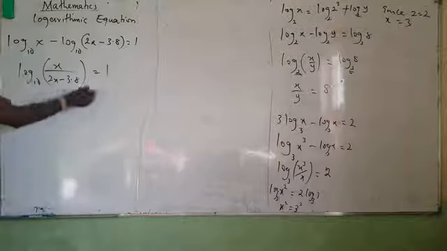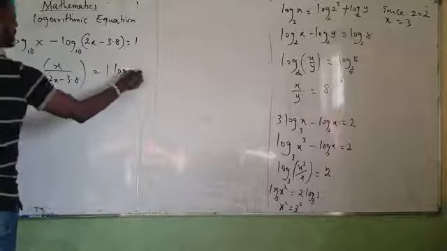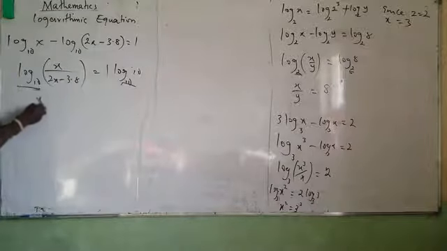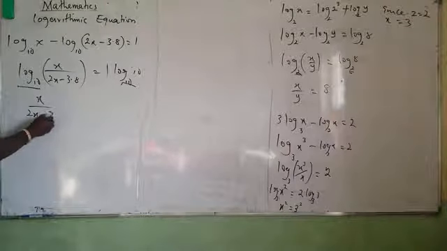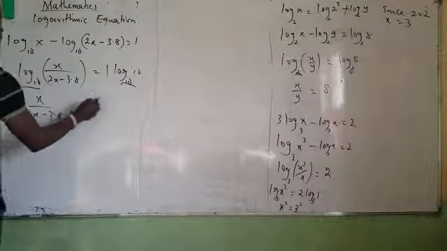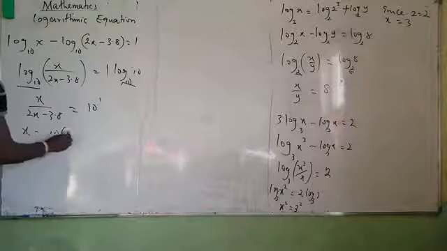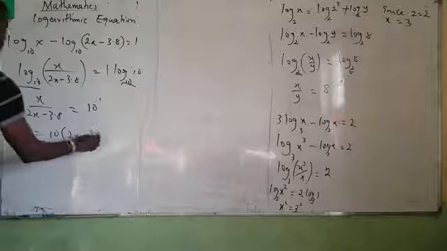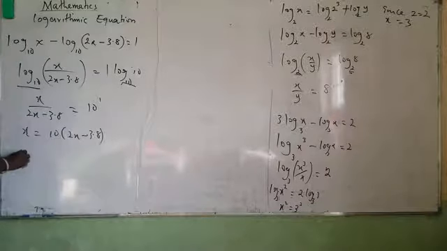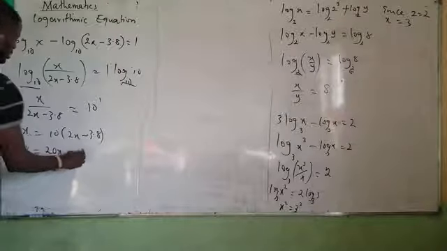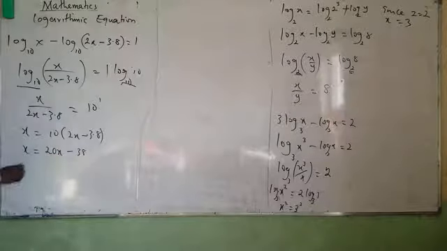I can write this as log base 10. This base and this base are equal. It means x all over 2x minus 3.8 equals to 10 raised to power 1, which I will have 10, which I will cross multiply equals to what? 10 bracket of 2x minus 0.8, which I will be having x equals to 20x minus 38, which I will be having 20x minus, this is going to be what?